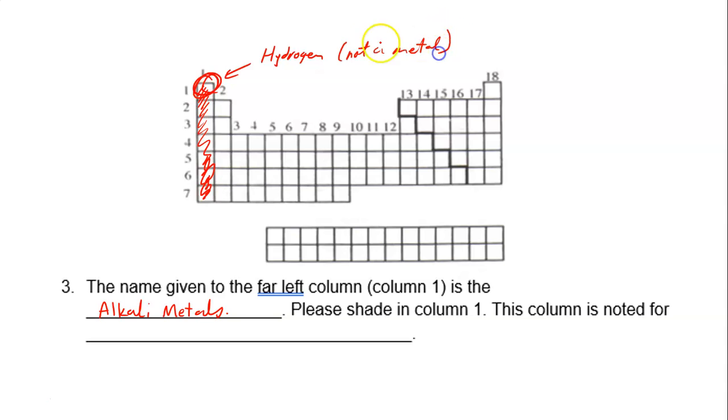And so it's normally not seen as being part of this family, although chemically it does have many similar properties. Now, any family usually shares similar chemical properties, and these are known to be very reactive.